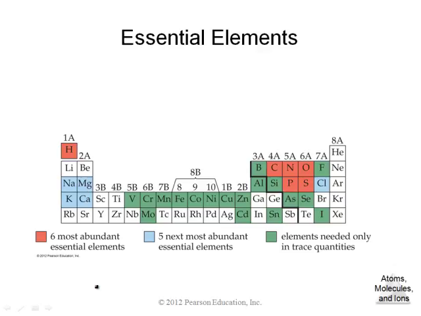Okay, mostly our body is made up of, as we know, proteins and muscles and all that stuff. That is all made of those 6 essential elements. Then the next 5 most abundant and essential elements are sodium, magnesium, calcium, potassium and chlorine, which we call our electrolytes, right? And then the rest of these other green ones are needed only in trace quantities.